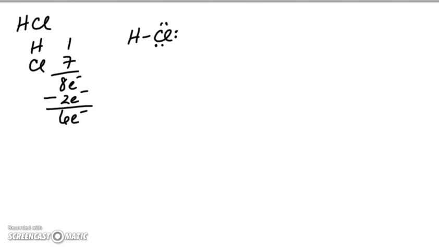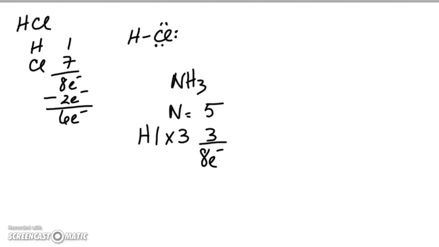The Lewis structure for NH3, let's erase this piece right here. The first thing we would do is calculate the cache. Nitrogen has 5 valence electrons, hydrogen has 1, but I have 3 of them, so that makes a total of 8 electrons. Nitrogen's going to be the central atom. It has the most places to bond into. Hydrogen is never central.